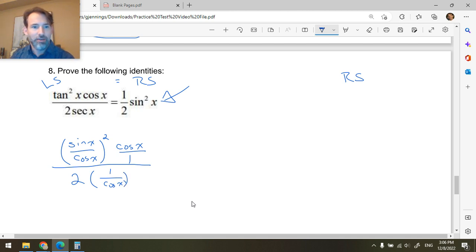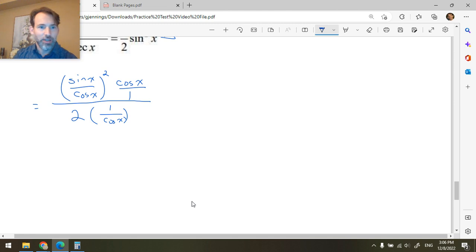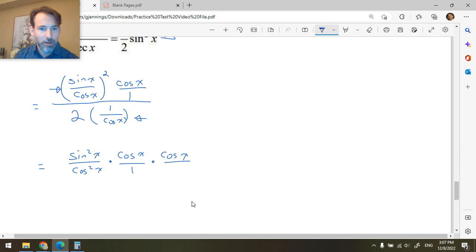So it's 2 multiplied by, well, secant is 1 over cosine. Okay. All right. So let's keep going. So that's one simplification. The next simplification will be, let's go ahead and flip this and multiply. So we can have this is equal to sine squared x over cosine squared x, just squaring the numerator and the denominator there, multiplied by cosine of x over 1 multiplied by cosine of x over 1.